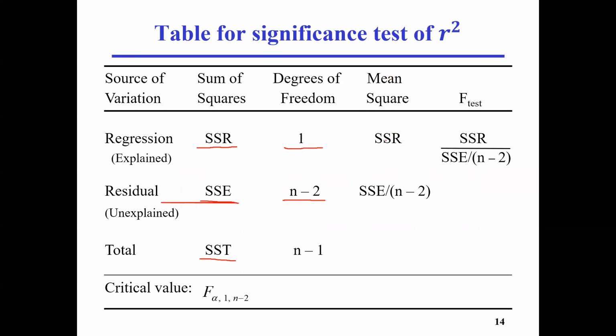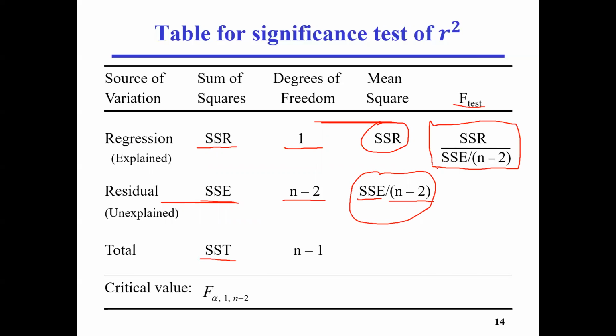Okay, so mean square SSR is the ratio between SSR and 1. So basically, it's still SSR. The mean square for SSE is the ratio between SSE and its degree of freedom, right? And eventually, the F-test is the ratio between mean square of SSR and mean square of SSE. So you have this formula eventually, okay?